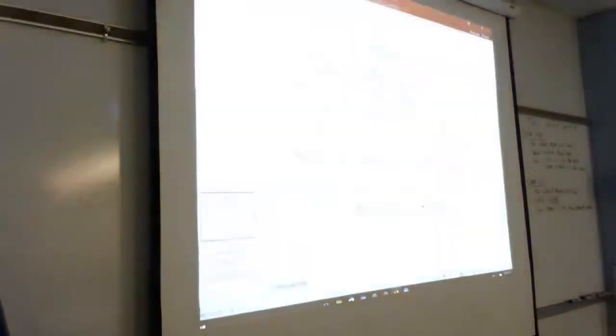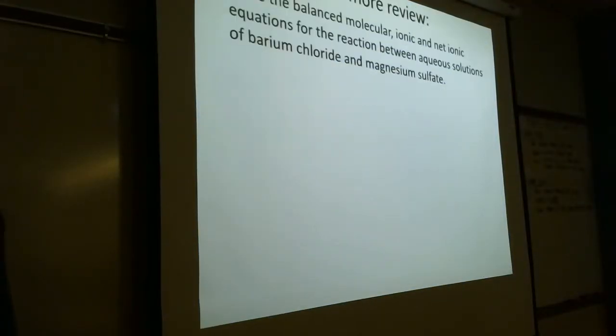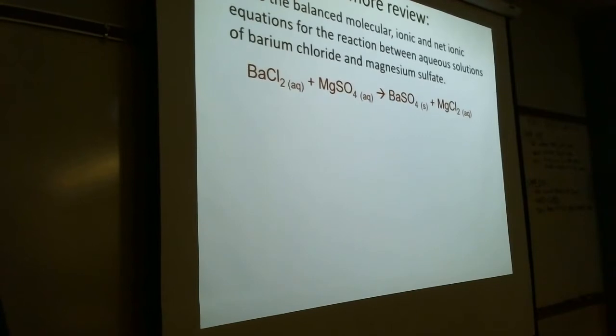All right, we do have a precipitate, right? Barium sulfate is the precipitate. Magnesium chloride is soluble. Do we agree?